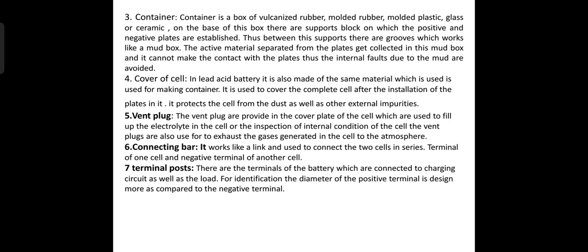Between the supports, there are grooves which work like a mud box. The active material separated from the plates gets collected in this mud box and cannot make contact with the plates. Thus, internal faults due to the mud are avoided.